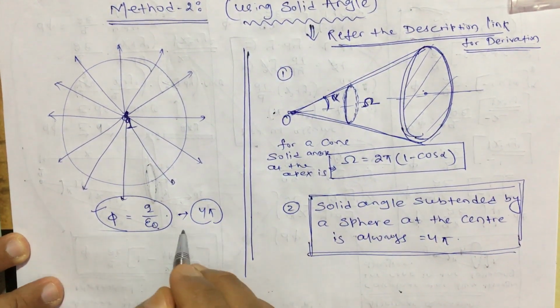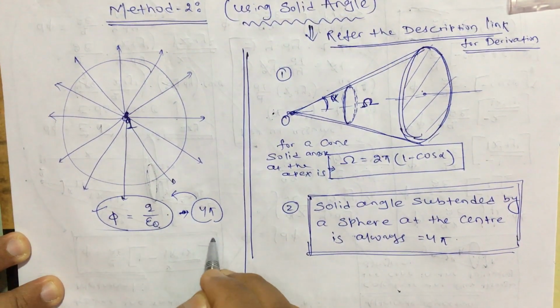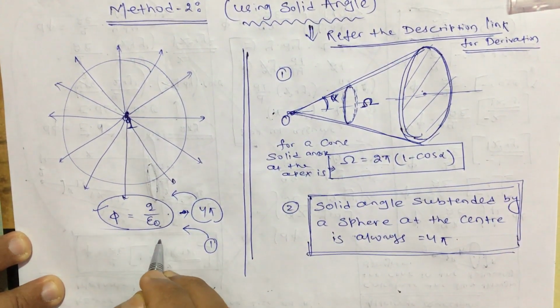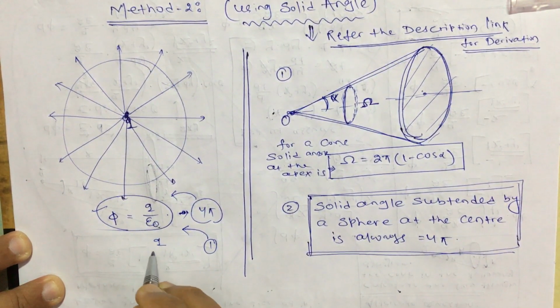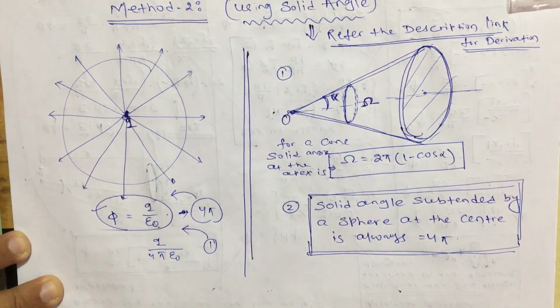Now if for 4 pi solid angle you get this much flux, for 1 steradian, or 1 unit solid angle, how much flux will you get? Flux will be equal to q by epsilon naught divided by 4 pi.